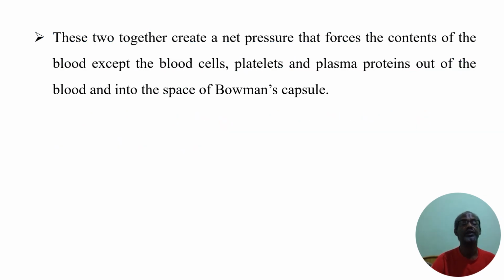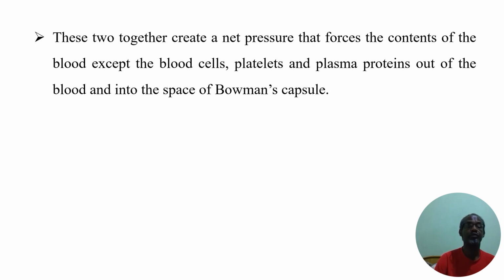These two together create a net pressure that forces the contents of the blood, except the blood cells, platelets, and plasma proteins, out of the blood into the space of the Bowman's capsule. In this first stage, the blood is forced to lose its water, electrolyte content, and metabolic wastes, except for the blood components which can't pass by this pressure filtration.